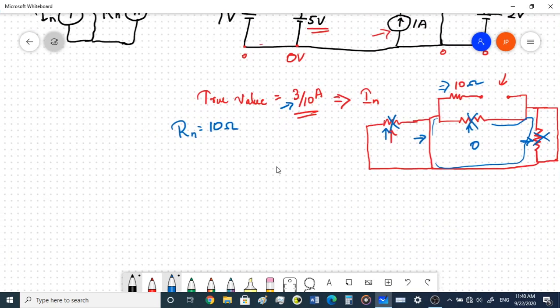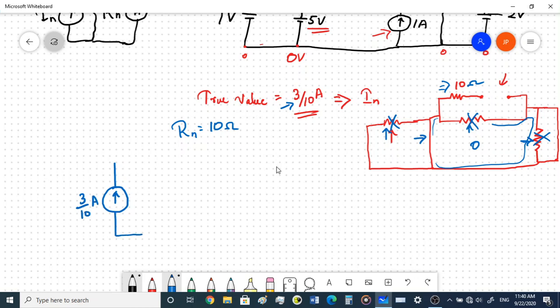Now we can draw the equivalent circuit. The equivalent circuit would turn out as a current source of 3 by 10 amperes and a parallel resistance of 10 ohms, and then in parallel to this 10 ohm resistance you can connect our ammeter, right?